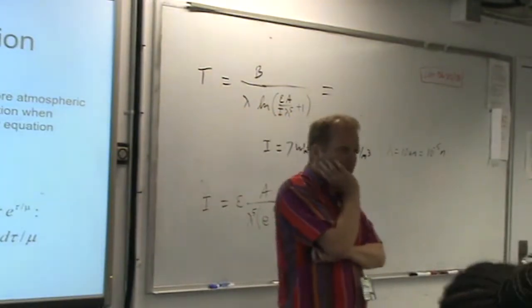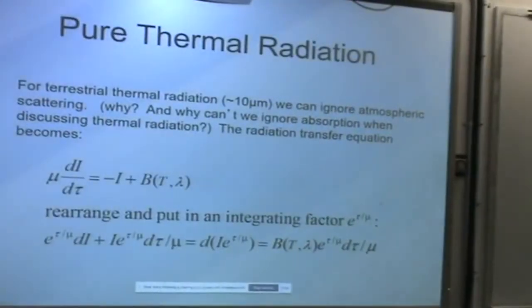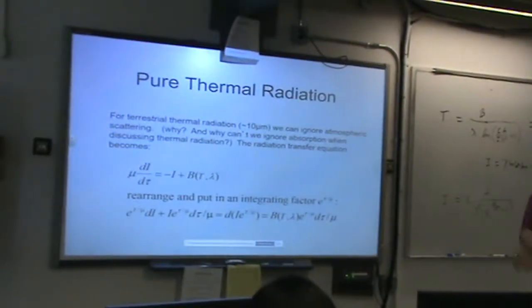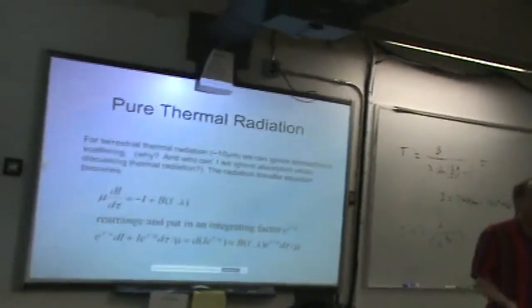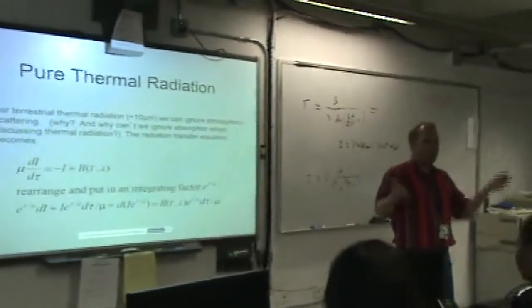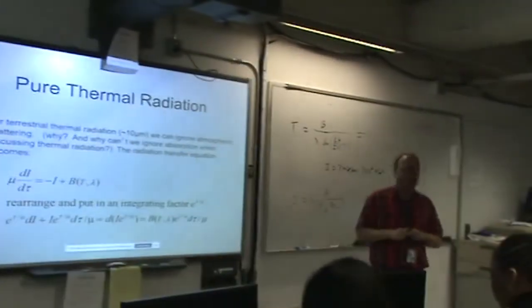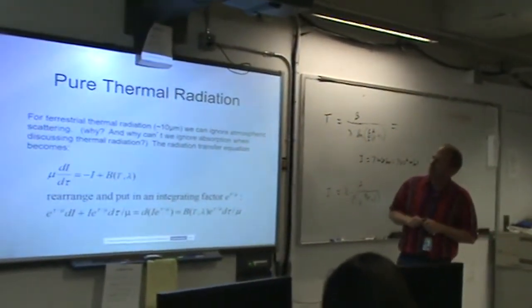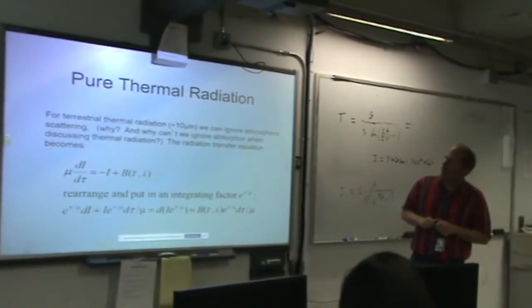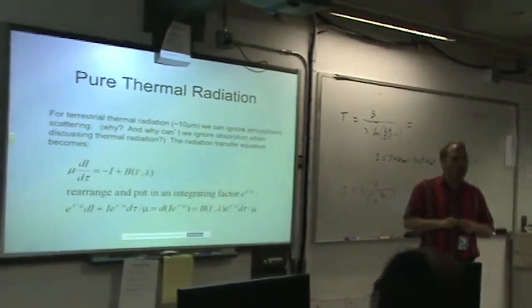So that was just calculating brightness temperatures. It is something that you're going to see over and over again. It's going to become very common. But what is normally happening is a little bit more complicated.